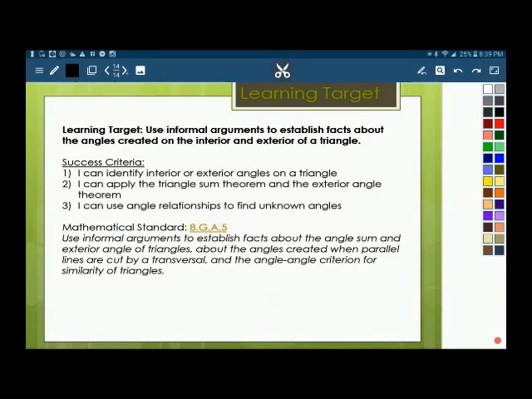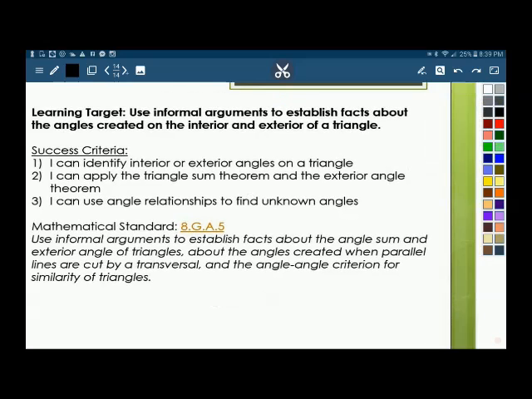All right, so just to recap what we've been doing today, we've been using informal arguments to establish facts about the angles created on the interior and exterior of a triangle. We did that by identifying interior and exterior angles on the triangle. That was example 1 and 2. We also applied the triangle sum theorem and the exterior angle theorem.